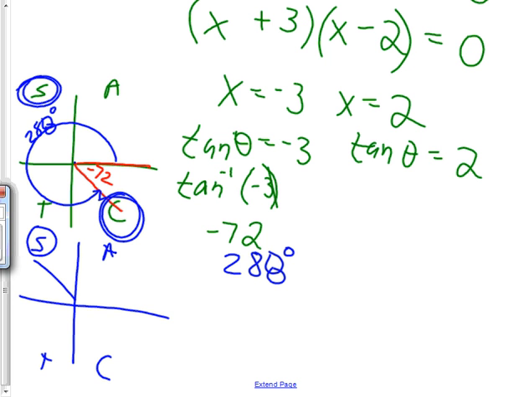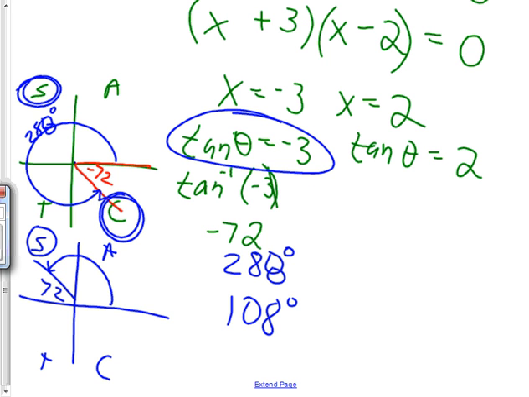This is supposed to be 72, so this would be 180 minus the 72. 180 minus 72 is 108 degrees. Remember, there's going to be 2 answers for this part, and 2 answers for that part.